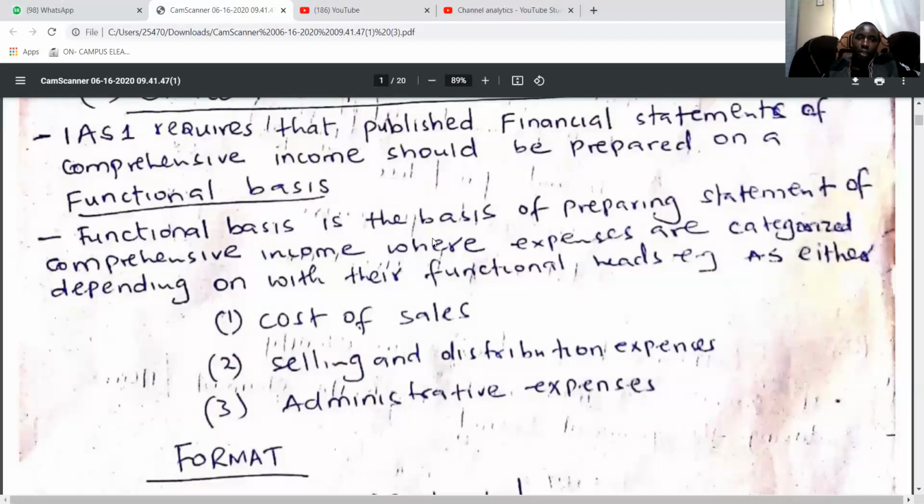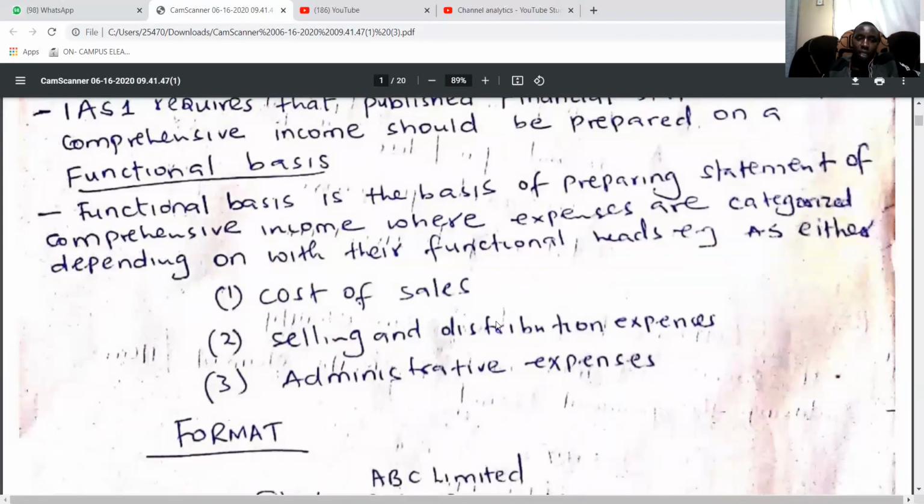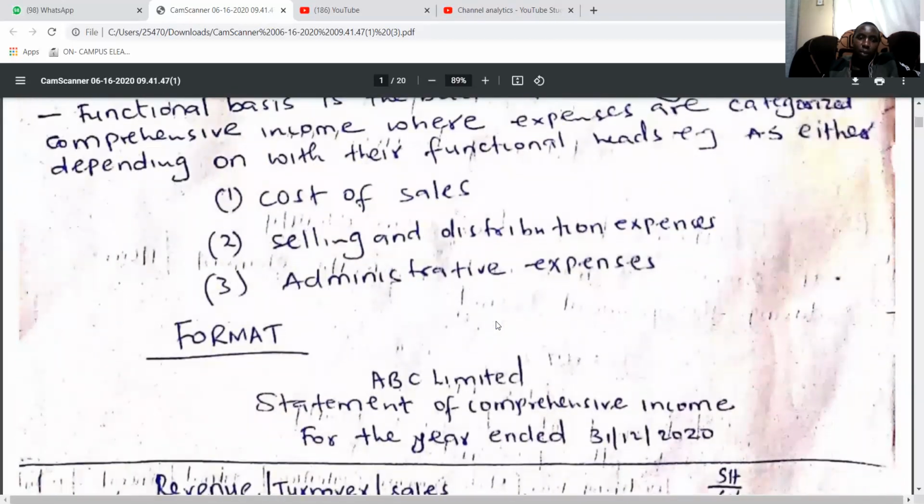Functional basis is the basis of preparing statements of comprehensive income where expenses are recognized depending on their functional heads. That is cost of sales, selling and distribution, and admin. There's one which is missing there, which we call finance cost. So expenses are classified under cost of sales, selling and distribution, administrative, and finance cost.